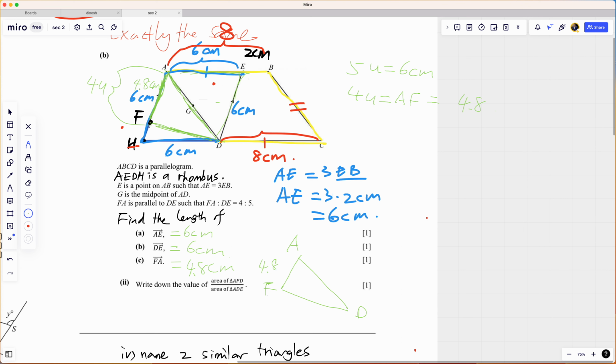But do you agree that ADE is the same as AHD or not? Rhombus ma. That means this whole thing, can you see that this whole thing is actually equal to the AHD also? Because it's a rhombus. Rhombus means this is cut. This half should be equal to this half.